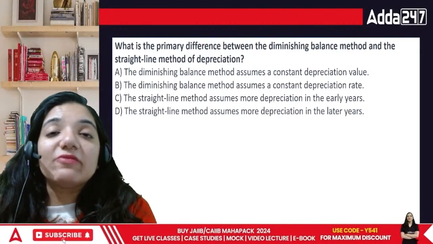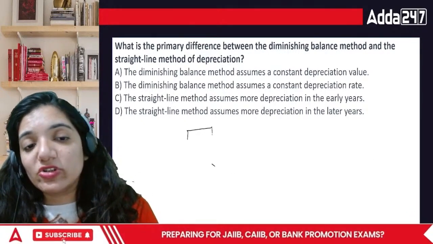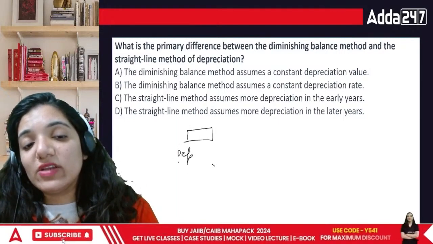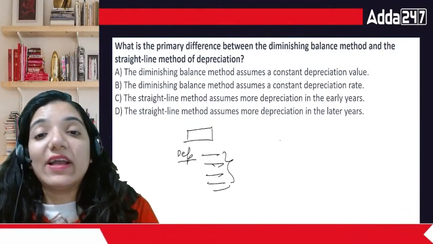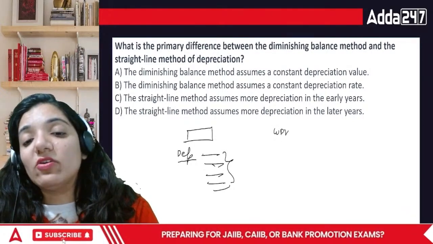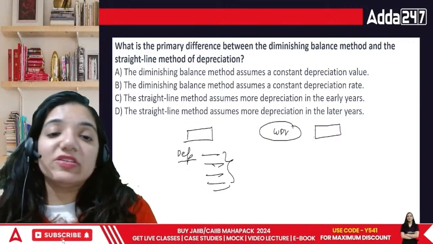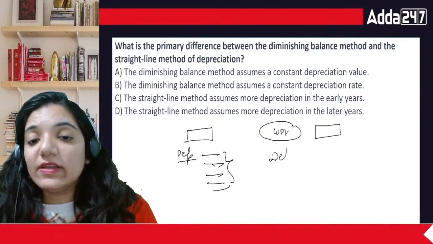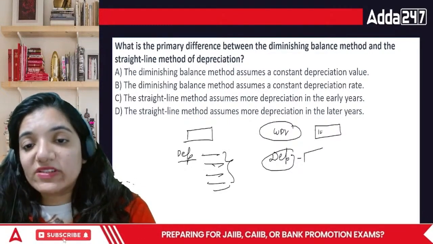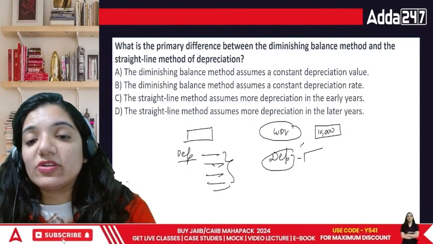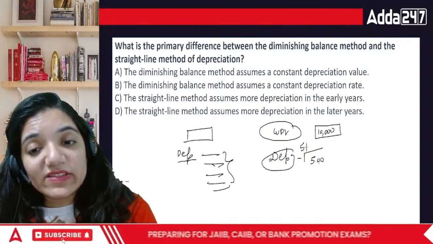This is the particular thing which the diminishing balance method says. In the original cost method, whatever our original cost is, you find the depreciation, and then the same depreciation is there till the end of the life of the asset. While in terms of WDV or written down value method, once the value of the machinery is chosen, the depreciation is charged in such a way that if the total amount is 10,000, say your depreciation is 5% in the first year, so it would be 500 rupees in the first year.